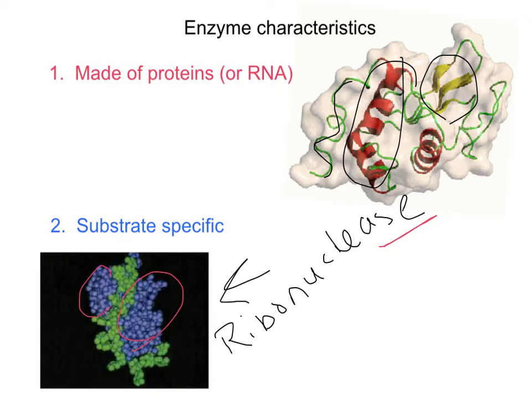Okay, and my RNA here is this green part. And so what this enzyme is doing is it is breaking down RNA so that those nucleotides can be reused. Okay, so ribonuclease. Okay, enzymes are also, as we mentioned on the first slide, not consumed. Okay, they are reusable. And so they are not consumed during the chemical reaction.